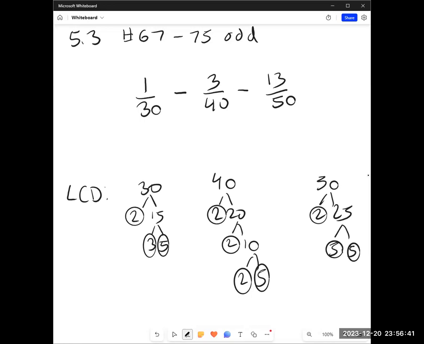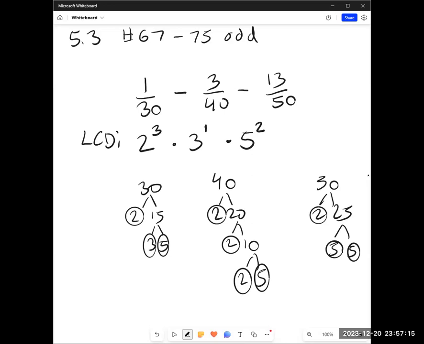And so my LCD for this has to be made up of 2s, 3s, and 5s. And let's see, the most 2s that I have is going to be 3 of them. The most 3s I have is going to be 1 of them. The most 5s I have is going to be 2 of them.